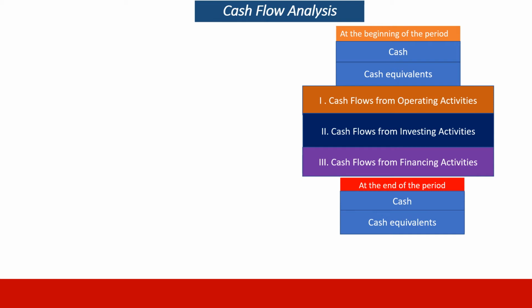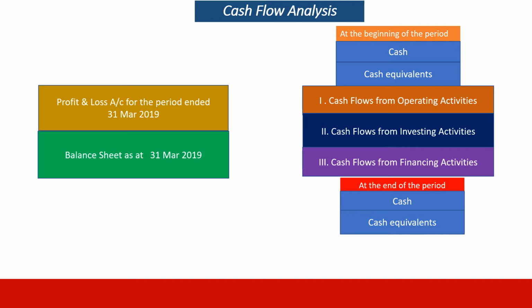What we are doing in the process is we are collecting the details from profit and loss account and balance sheet, processing it to find out the cash flow for the entire year, which is grouped into things pertaining to operating activities, investing activities, and financing activities.